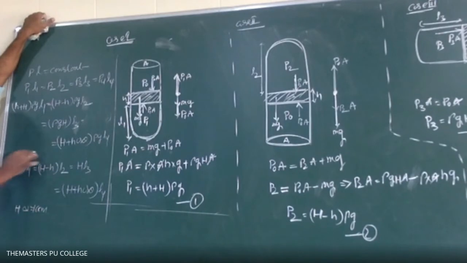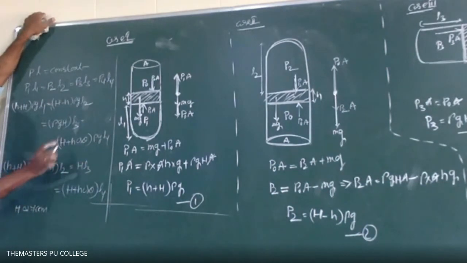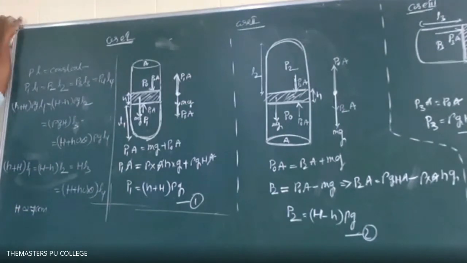Any two of these can be equated, and by knowing the values of L1 and L2 you can calculate the H value. If the capital H value is close to 76 centimeter, then Boyle's law is said to be verified, because the average atmospheric pressure is 76 centimeter of mercury column.